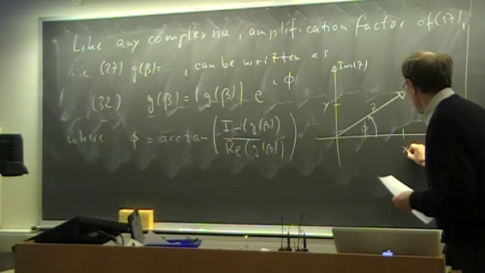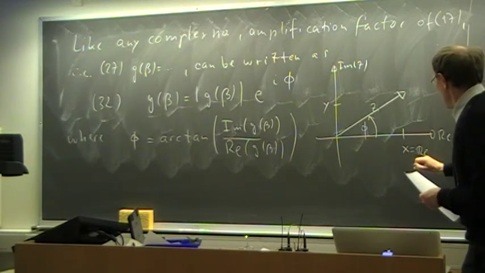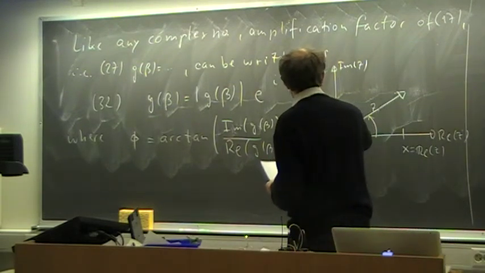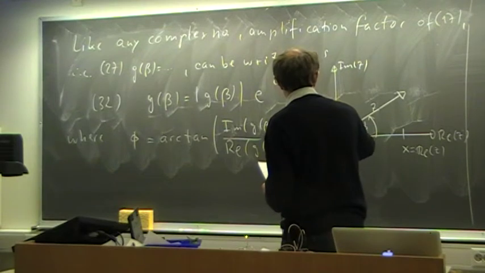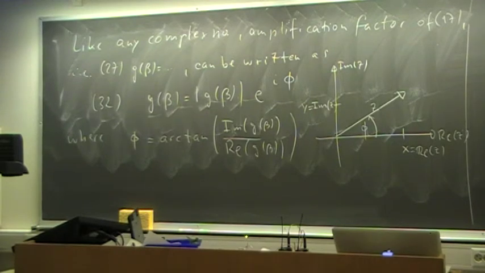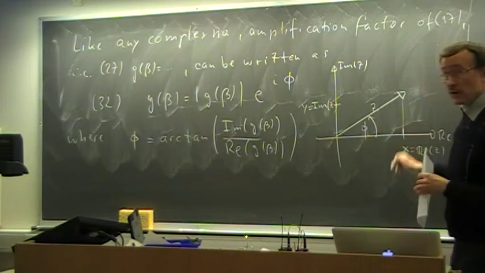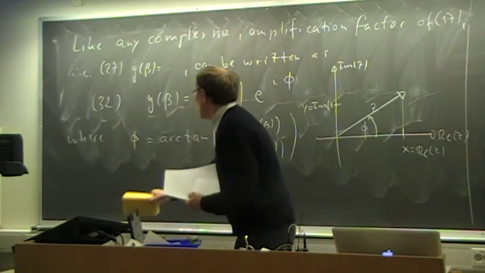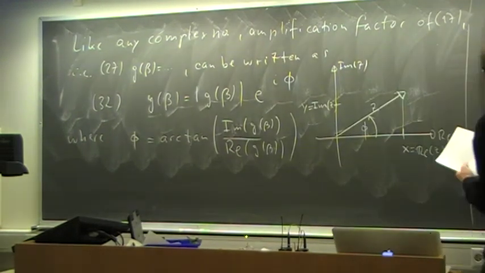So the x is the real part, in our case of the amplification factor, and the y is the imaginary part of z. We can get that angle by taking the imaginary part divided by the real part, then we get a tangent. From that we get this angle, that is the phase angle.